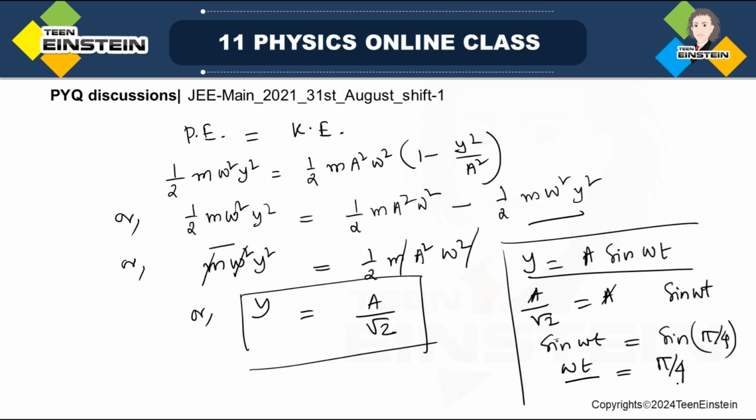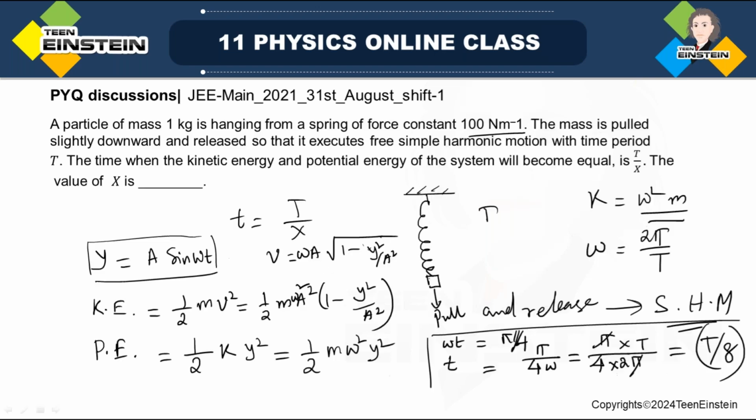So omega t is equal to pi by 4, and then I substituted omega in terms of T, 2 pi by T. So I have got t equal to capital T, the time period, by 8. Comparing, I get x is equal to 8, and this is the answer. So this was also a good question.